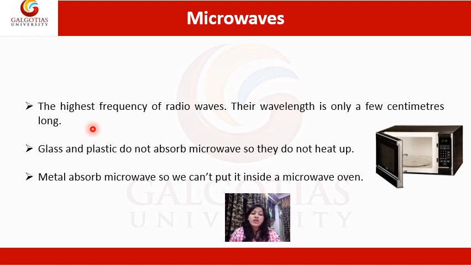This is what makes a microwave oven work. Glass and plastic do not absorb microwaves, so they do not heat up. Metal reflects microwaves, so we can't put it inside a microwave oven.